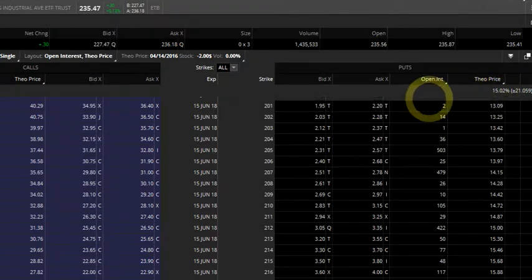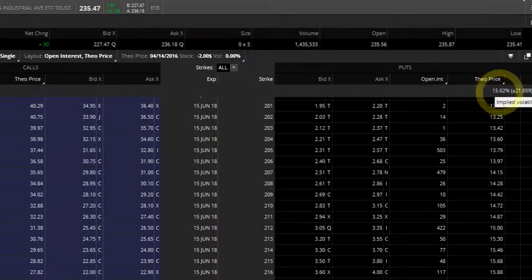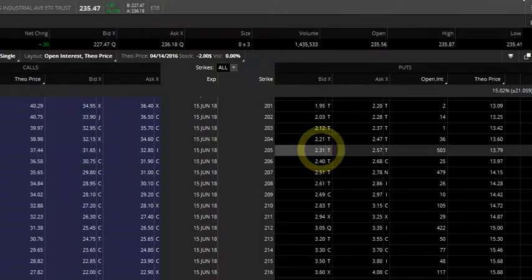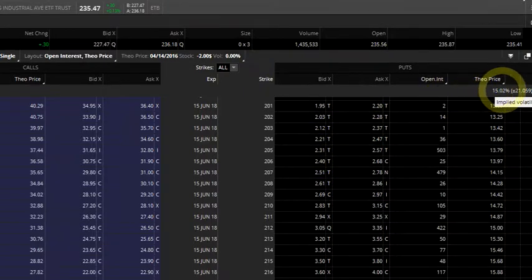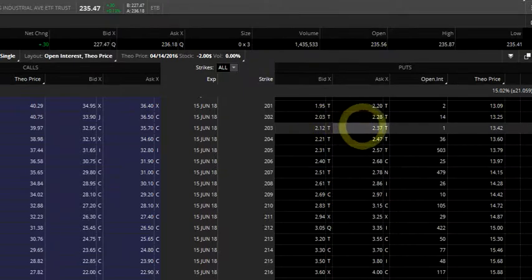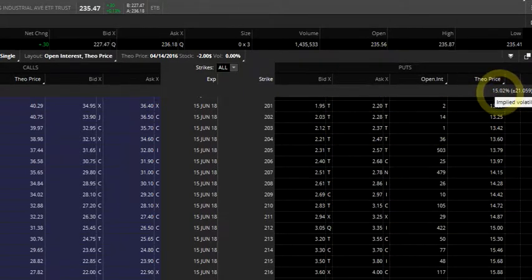So as implied volatility moves higher, it discourages people from buying long directional options and incentivizes them to sell them. So it helps them move people from one side of the market to the other. And I'll point it out later when the market sells off a little bit, about how high it gets.